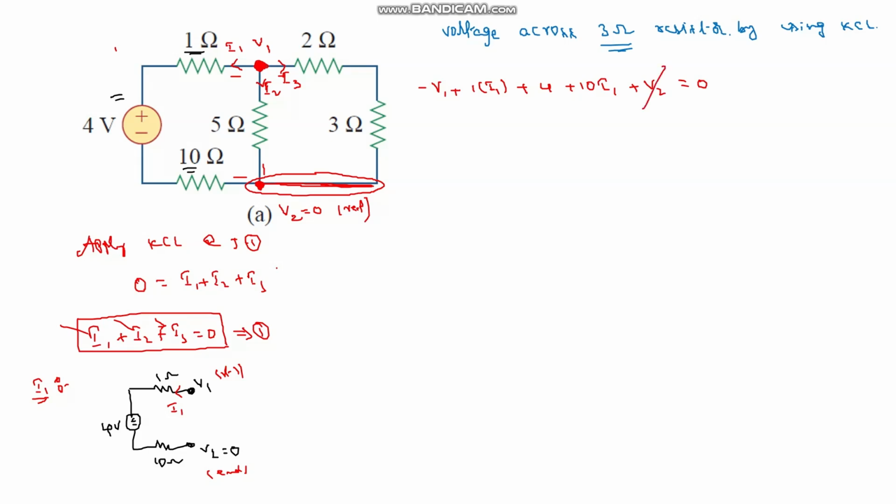Here, the reference voltage V2 equals 0. Then after simplifying this equation, 11 I1 is equal to V1 minus 4. Then I1 is equal to (V1 minus 4) divided by 11.